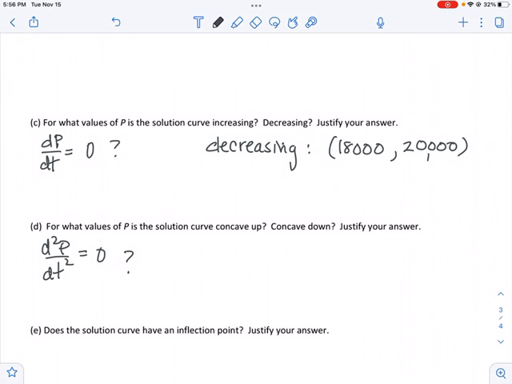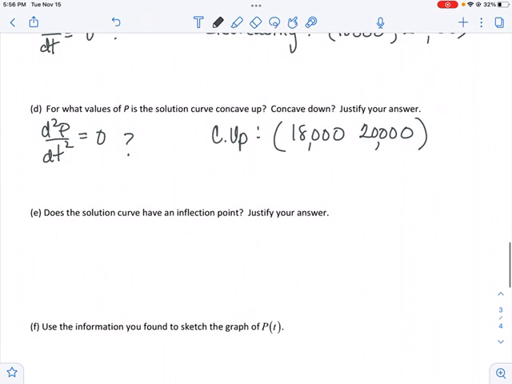Is it equal to 0 anywhere on that interval from 18,000 to 20,000? If you remember, the graph is concave up on the interval from 18,000 to 20,000, from the previous page. Does the solution curve have an inflection point? There's no point of inflection here, because the second derivative doesn't change signs.